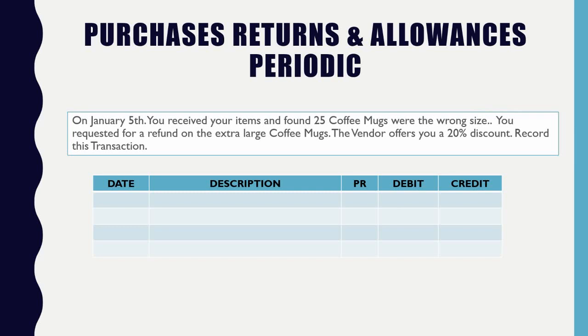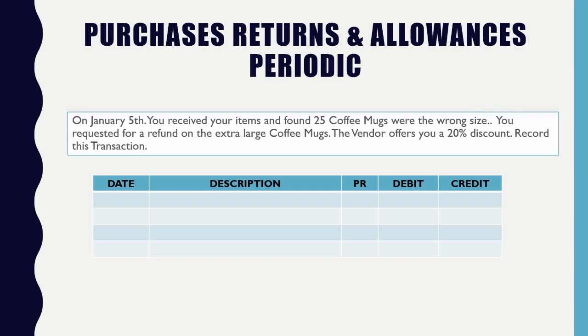On January 5th, you received your items and found that 25 of those coffee mugs were the wrong size, and you requested a full refund on the extra large coffee mugs. But here's the thing about the customer to vendor relationship.